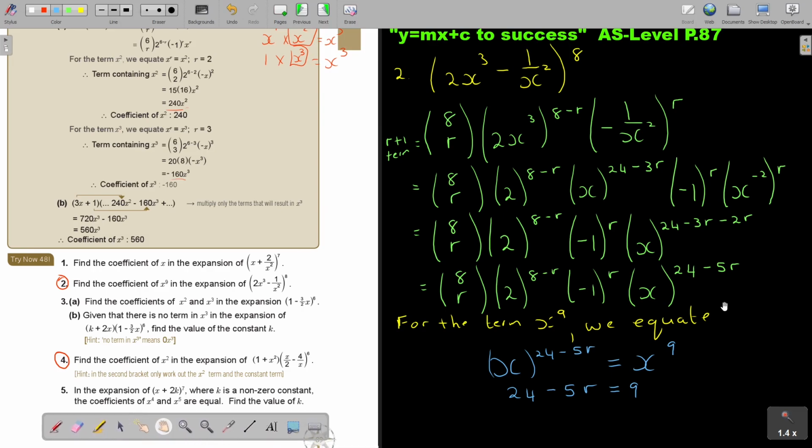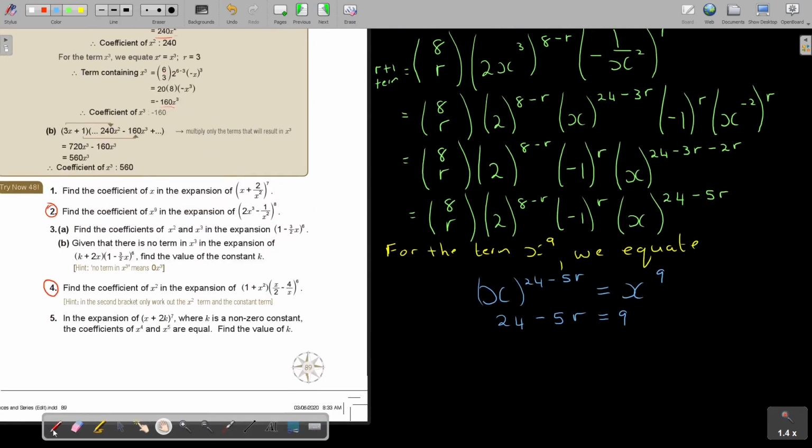So it's -5r, and that's 9 minus 24, which is -15, so -5r = -15. So r will just be 3. That's what I'm interested in.